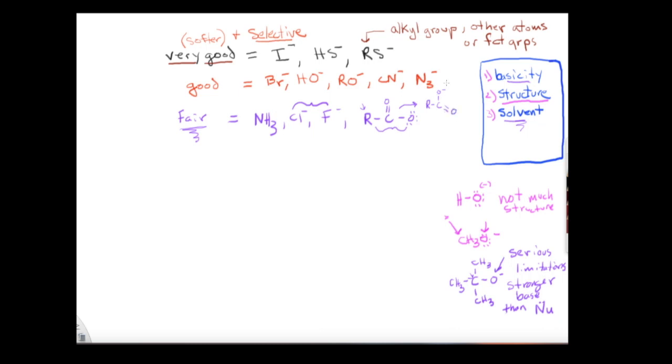Which makes the alkoxy, that's this thing, a weaker base than RO minus, all right? So structure and resonance here has affected the basicity, and so that means this is going to be a weaker nucleophile in the end.